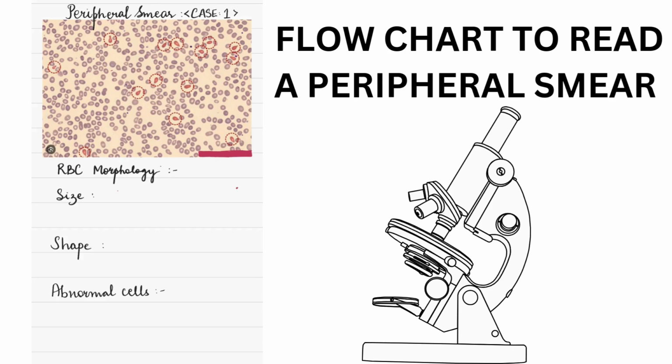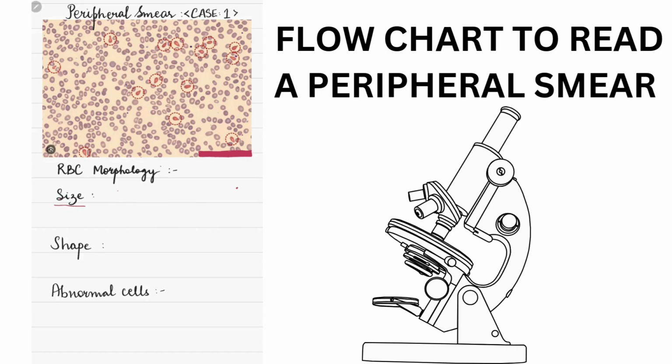So I have decided to segregate this, and right now we'll only study RBC morphology. We won't be studying anything about WBCs or platelets. We'll go one by one. So this is case 1, and we'll be focusing on RBC morphology. For RBC morphology, I would say look for 3 things.